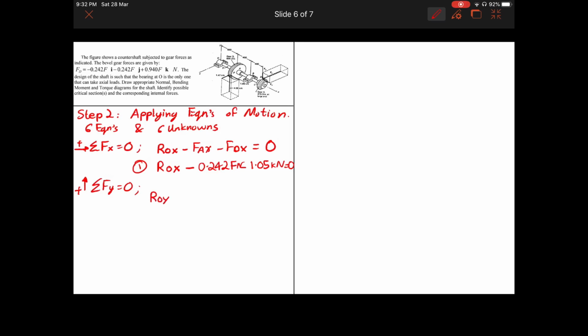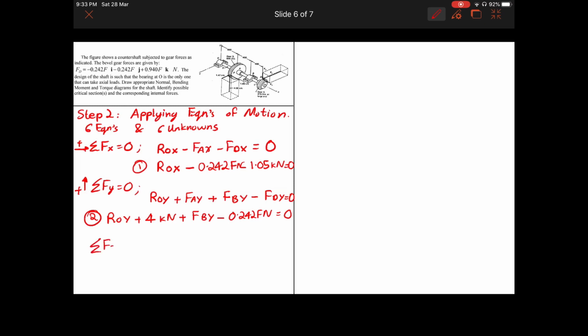So ROY plus FAY plus FBY minus FDY equals 0. So from this again, ROY plus FAY is 4 kilonewton plus FBY, which is unknown, minus FDY, which is 0.242 F, is equal to 0. So this is our second equation.